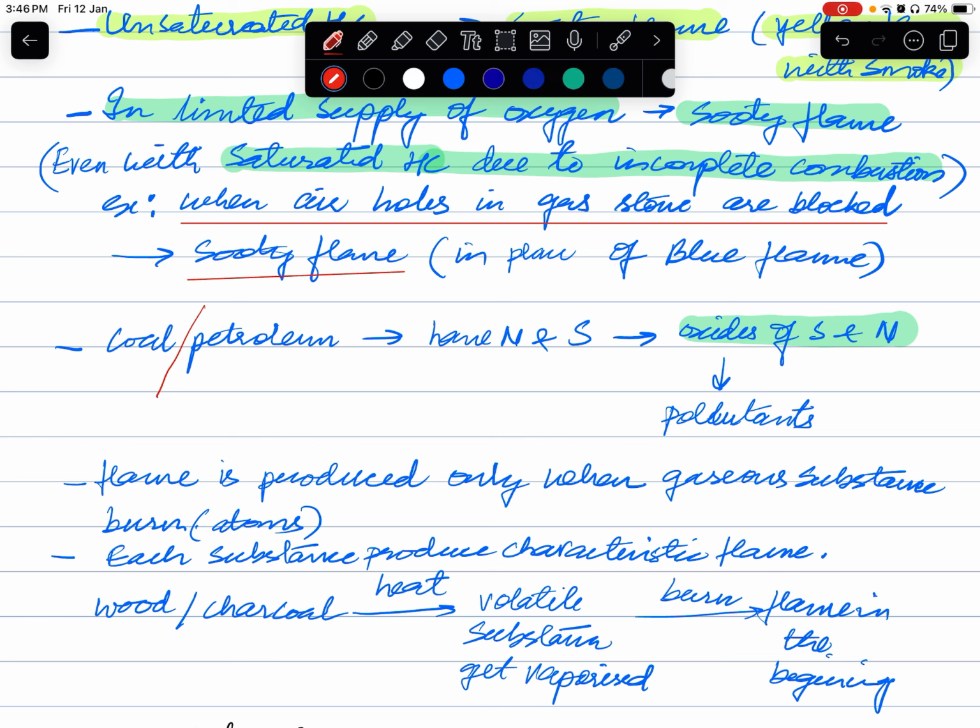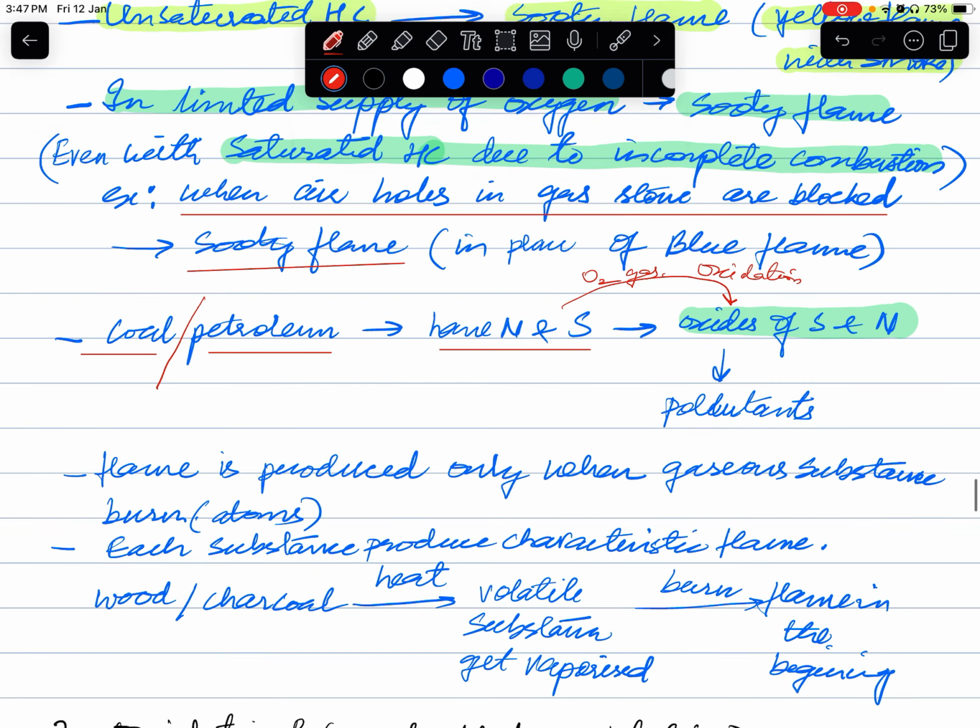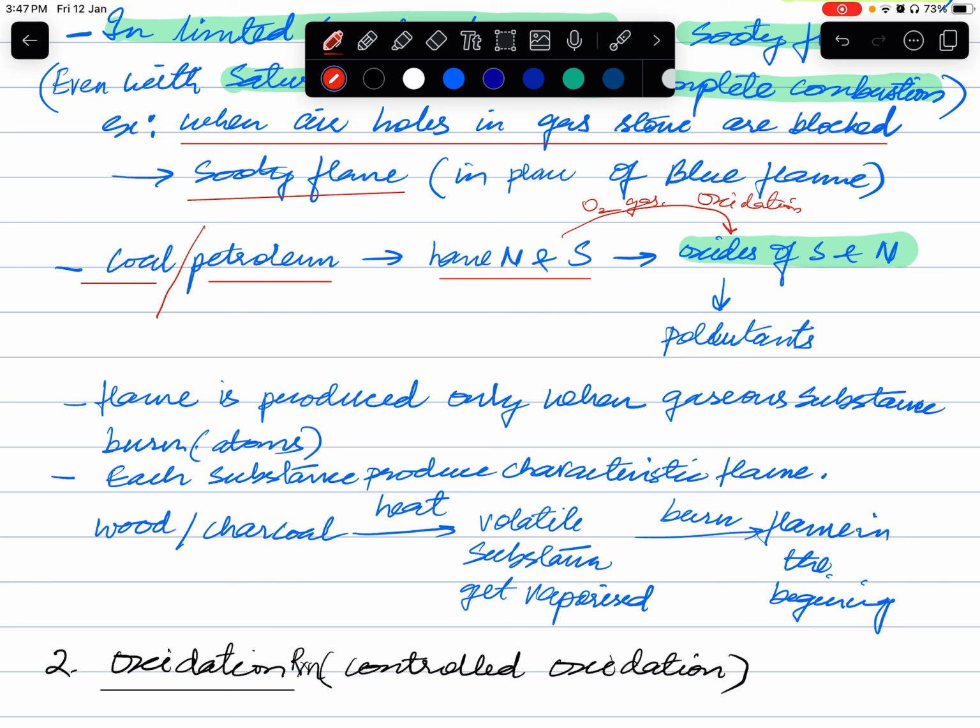Because either your coal or petroleum has some amount of nitrogen or sulfur in them, and this nitrogen or sulfur, when it undergoes oxidation, will give you their oxides. Why oxidation? Because we are burning in the presence of oxygen gas or air. Okay, so this is the reason why we get all these pollutants when we burn coal or petroleum.